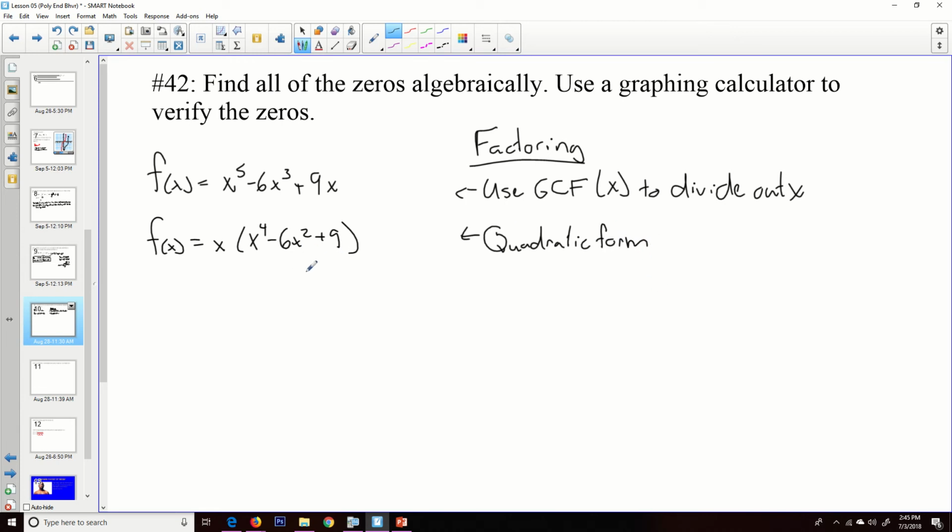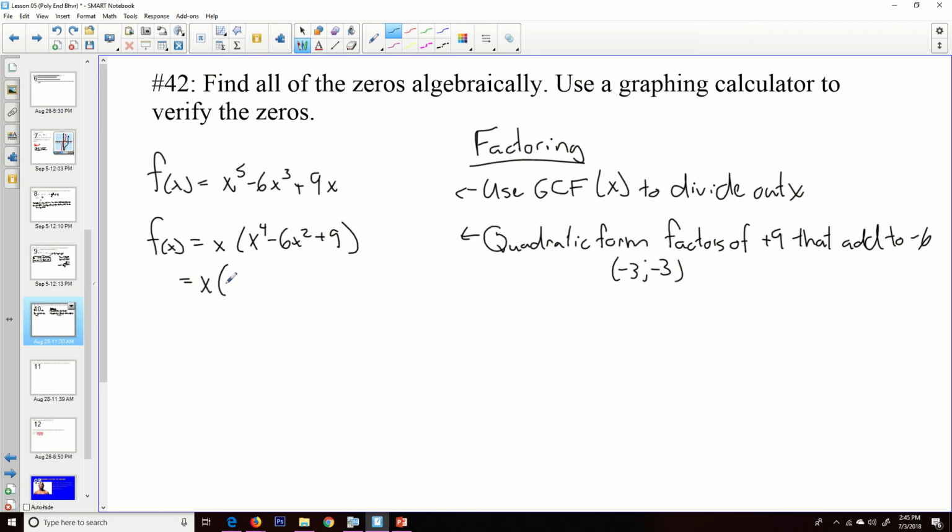And so I have to ask myself, I need two factors of positive 9 that add up to negative 6, and that's fairly easy: negative 3 and negative 3.